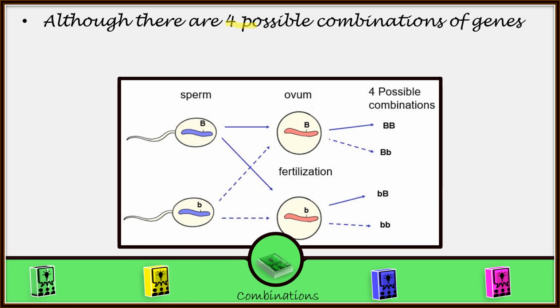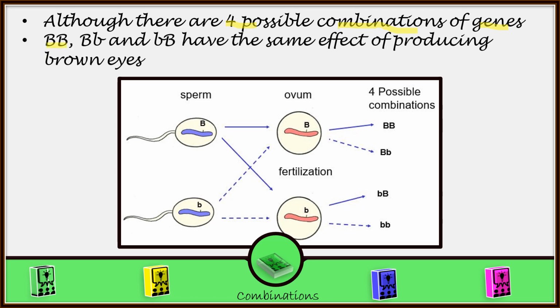Although there are 4 possible combinations of genes, the ones with capital B have the same effect and produce brown eyes. So we will see that this one will produce brown eyes, this one will produce brown eyes, and this one will produce brown eyes. Why?